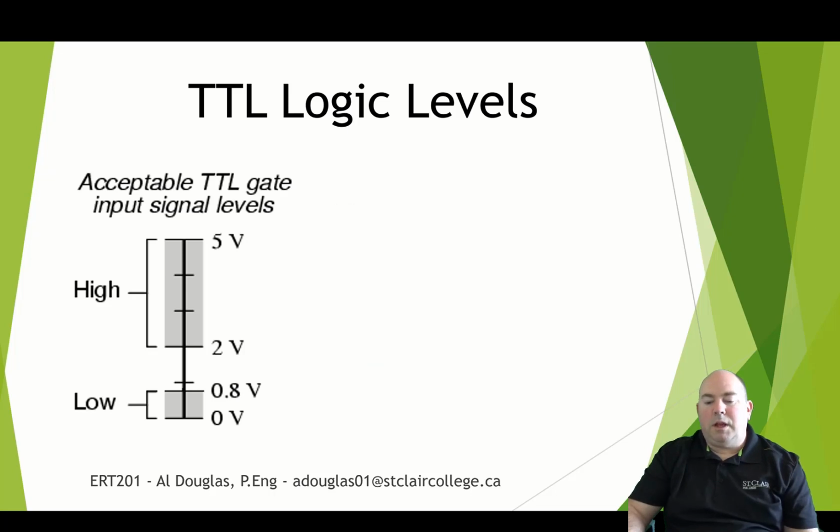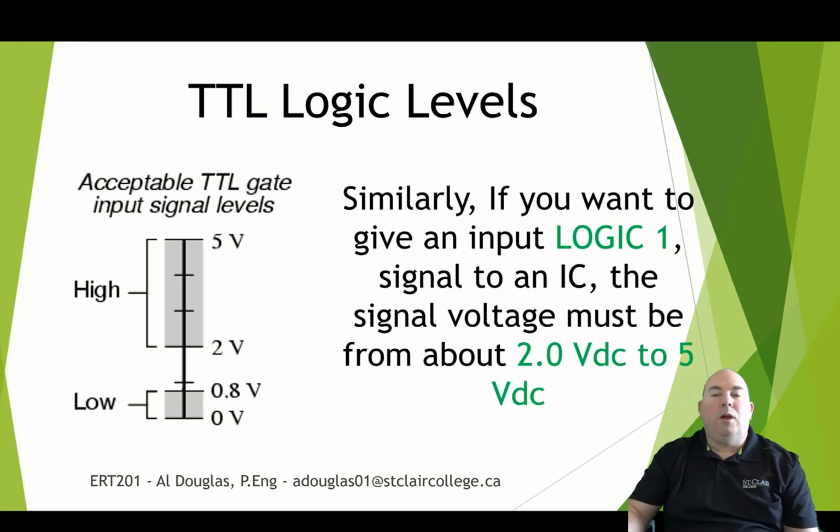Now, same thing with an input signal. In order to switch one of these devices, so let's say again we have this. In order for me to give this a logic 1, I need to give this a signal that is somewhere between 2 to 5 volts. Okay, that is considered a logic 1.